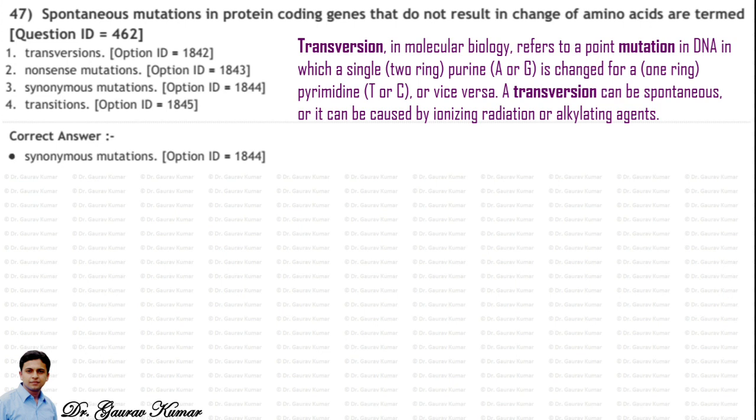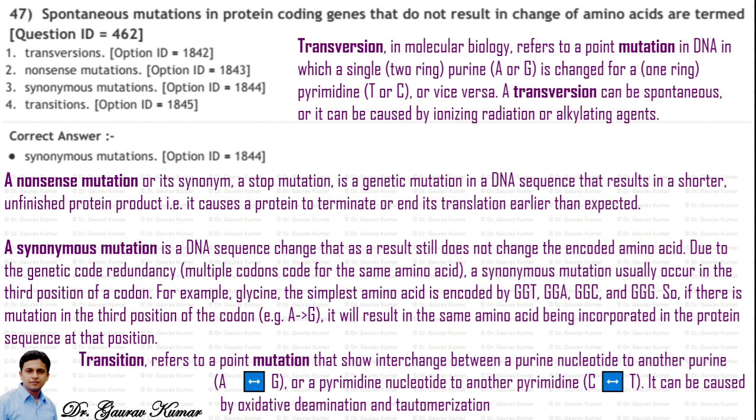A transversion can be spontaneous or it can be caused by ionizing radiation or alkylating agents. A nonsense mutation, or its synonym a stop mutation, is a genetic mutation in a DNA sequence that results in a shorter unfinished protein product. That is, it causes a protein to terminate or end its translation earlier than expected.